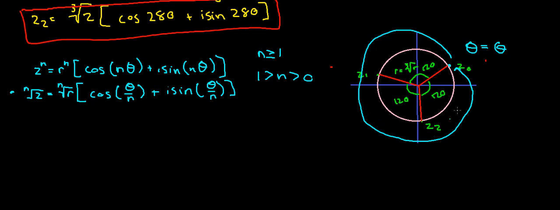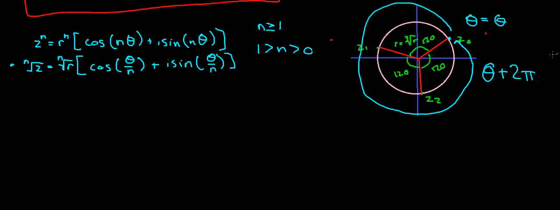But what have I done when I've gone around in the circle? I've taken theta and I've gone around 2 pi is what I've done. So if I go around 2 pi, this value is the same. So I go around the circle 2 pi, I arrive at the same spot. So that means every time I add 2 pi, I get the same angle.